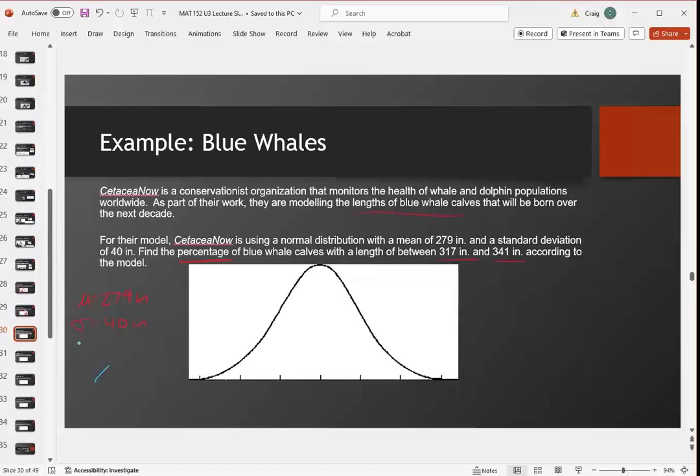Okay, so for the lower boundary, 317 minus 279 divided by 40. That will give us our lower Z-score. That's 0.95. So that's about right here.